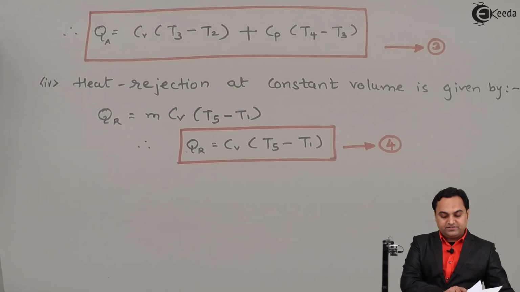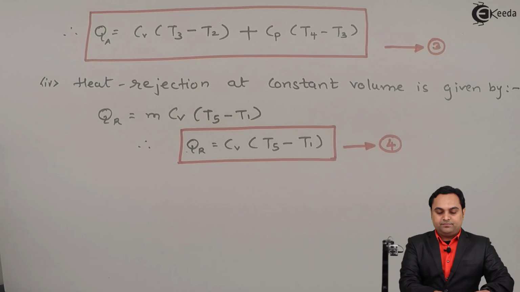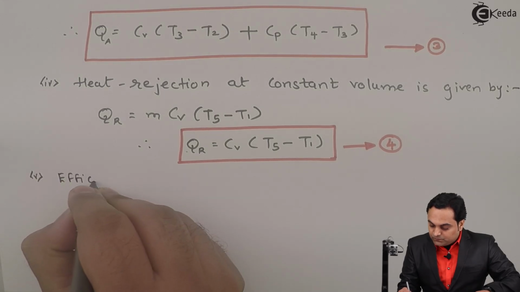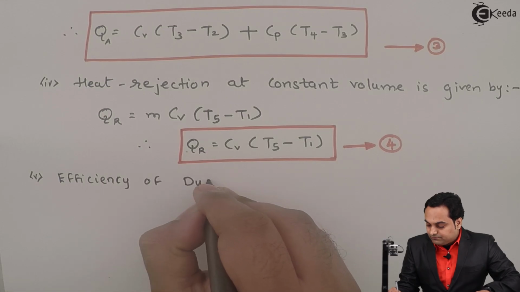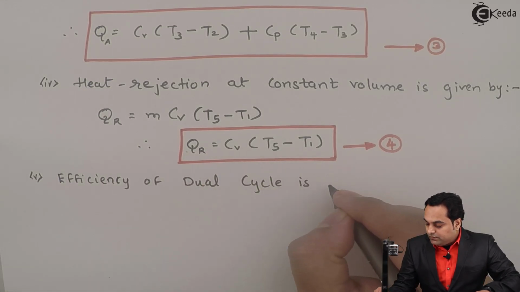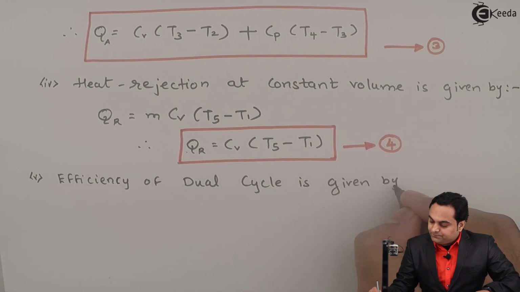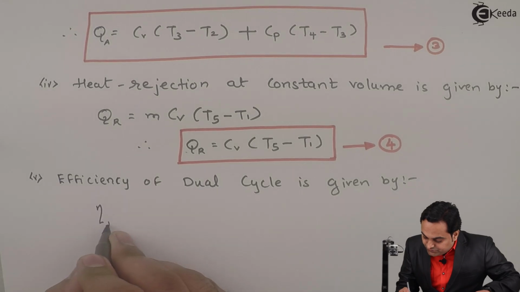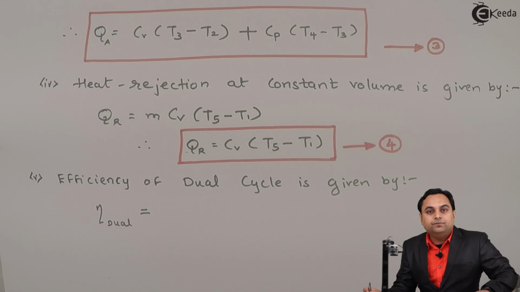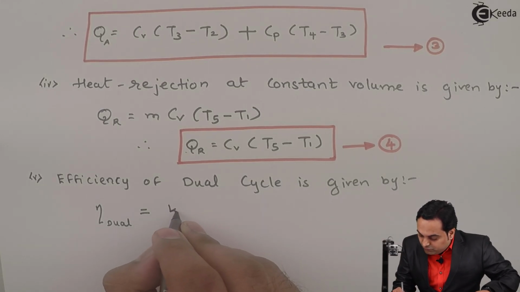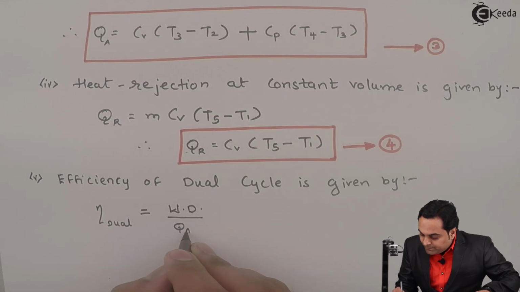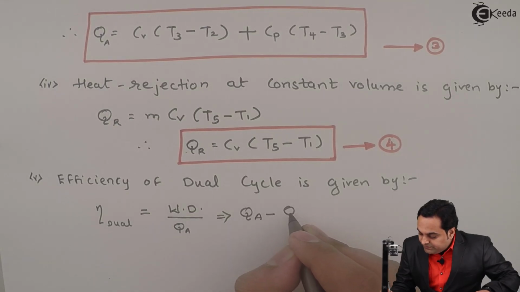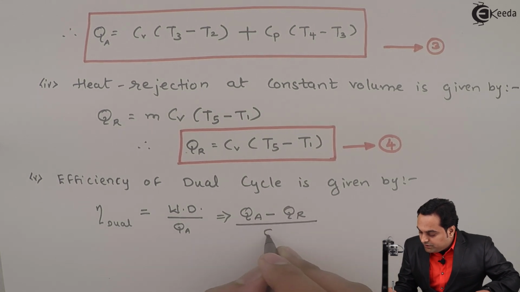The efficiency of dual cycle is given by the general concept that efficiency is work done upon heat added, or work done is heat added minus heat rejected, upon the total heat added.